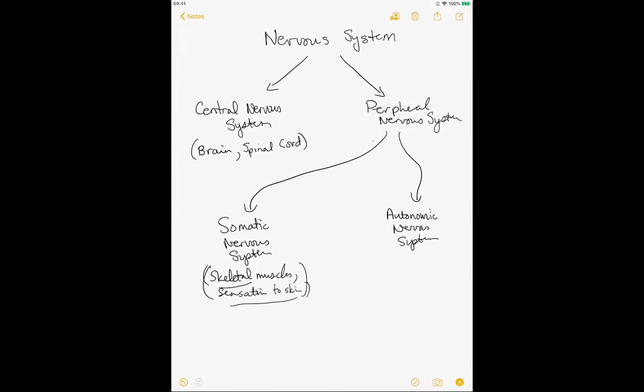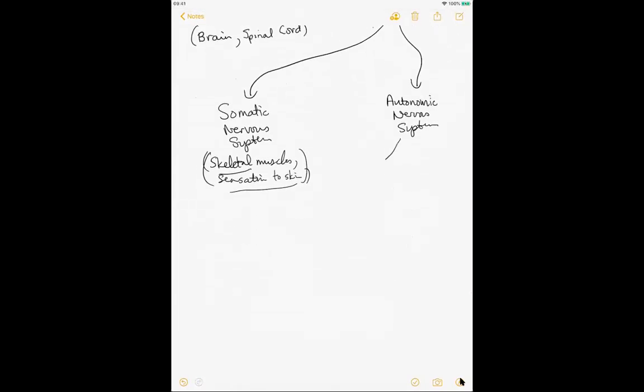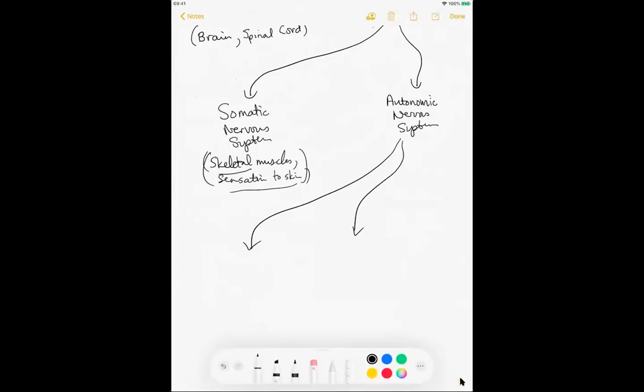Which you may know, there's two branches of the autonomic nervous system that most people usually think about. So people often think about the sympathetic nervous system, or the SNS. So that's sympathetic. Or the parasympathetic nervous system, or the PNS.